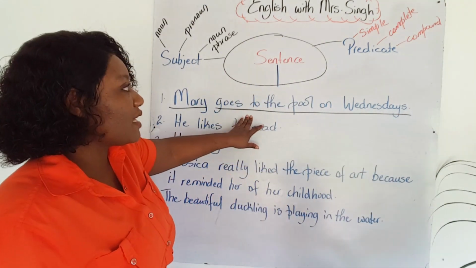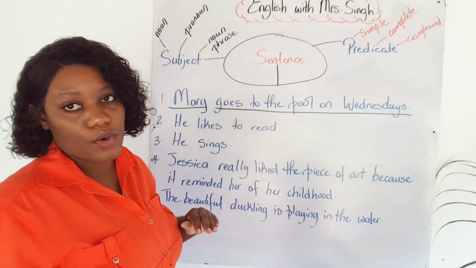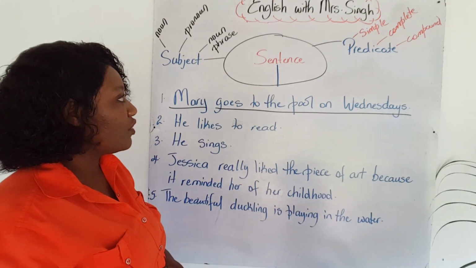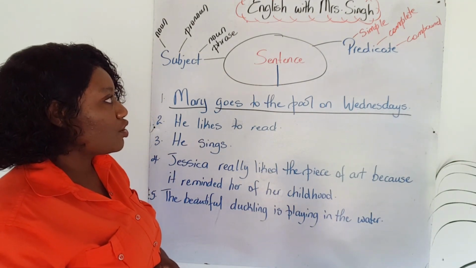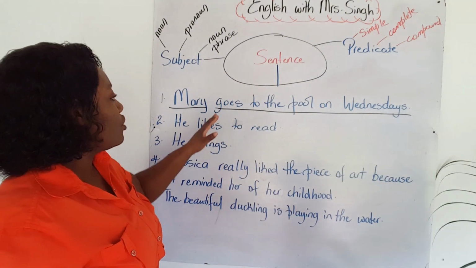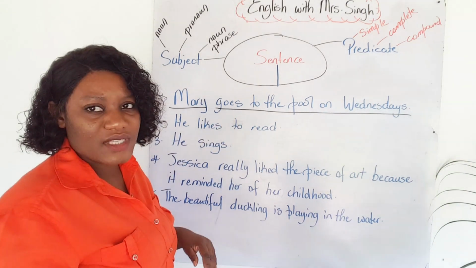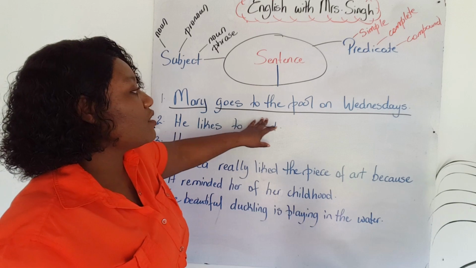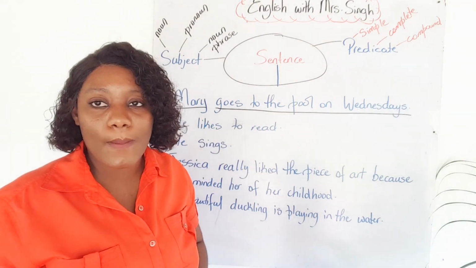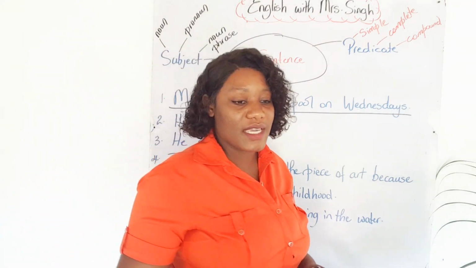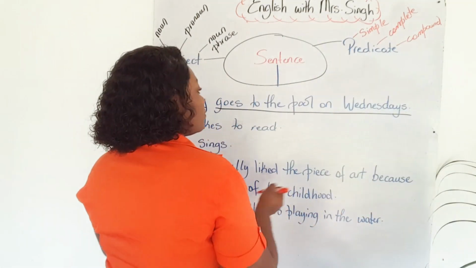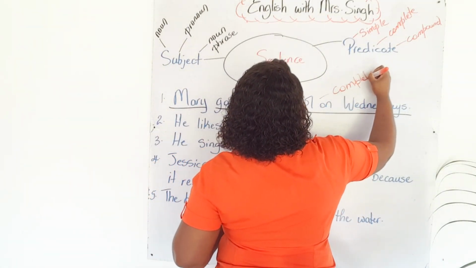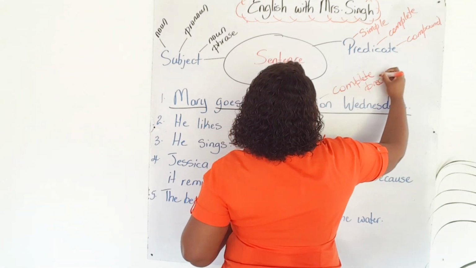Now, is this predicate simple, complete, or compound? Let us see. Does this have any form of conjunction? No. Does it just end with a verb? No, it doesn't. So therefore, this part of the sentence here is a complete predicate.